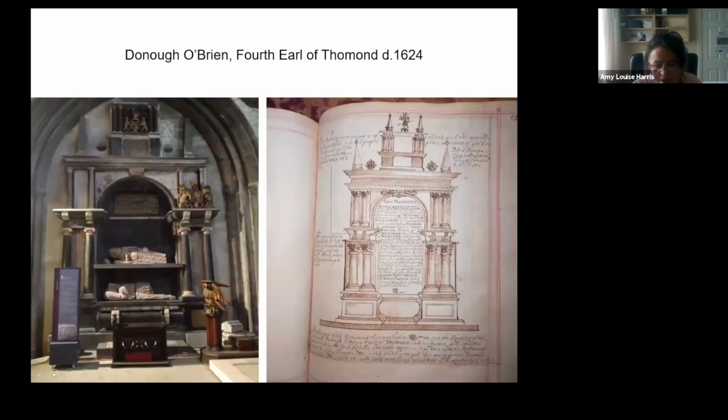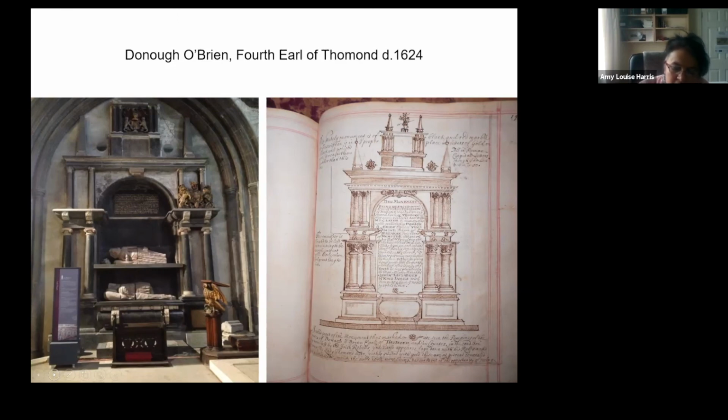Now, when you're looking at the Dingley manuscript, there is one monument you won't see in it. You'll notice there's a page missing in the vicinity of his account of St. Mary's Cathedral in Limerick.